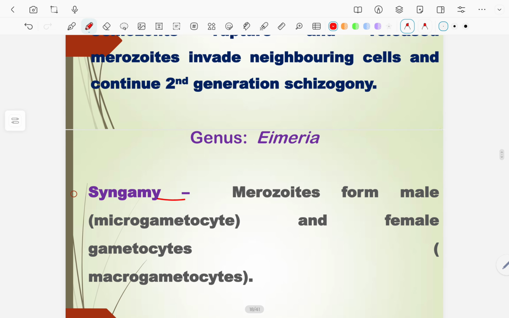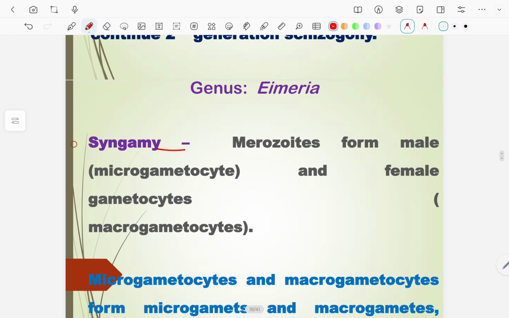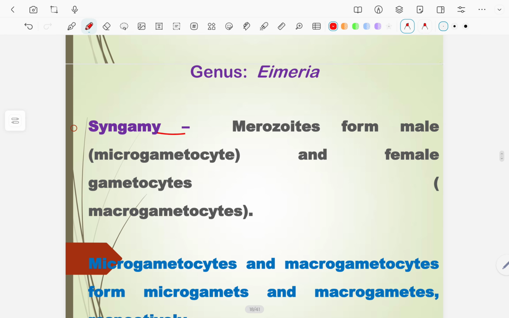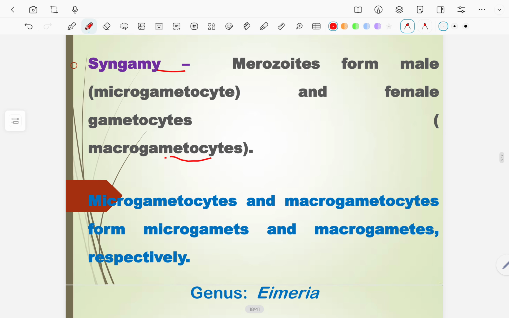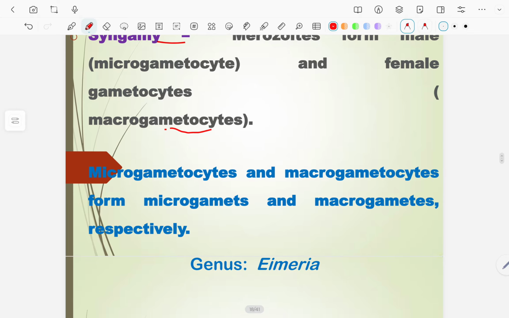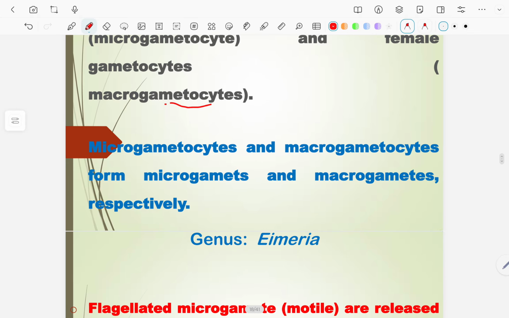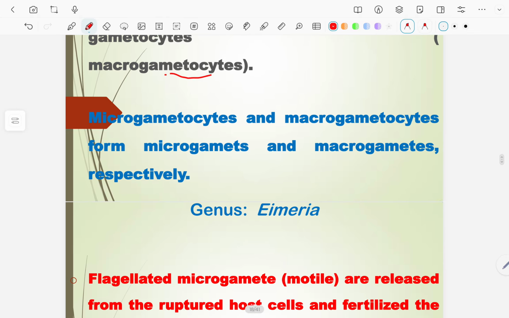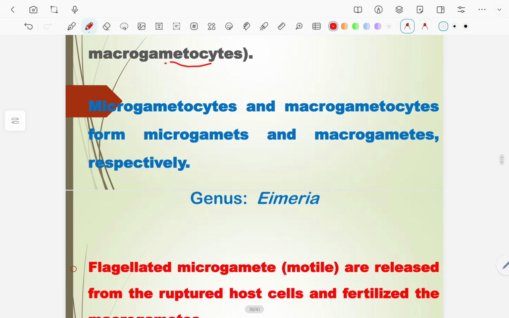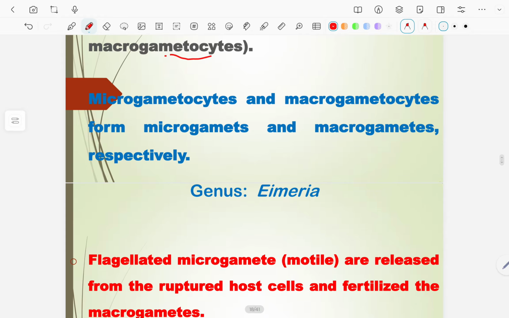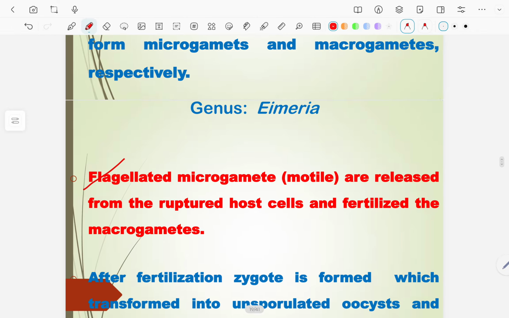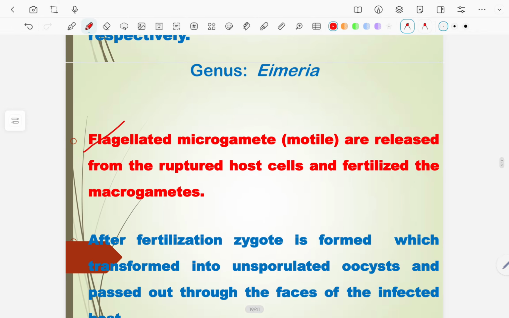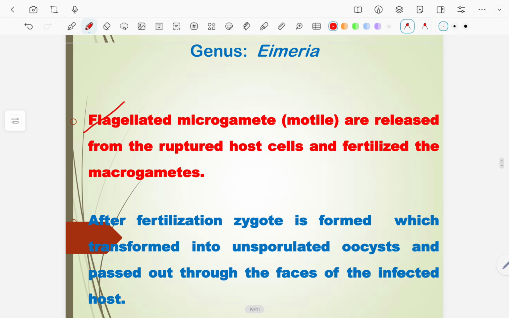Syngamy: merozoites form male microgametocytes and female macrogametocytes, which form microgametes and macrogametes respectively. Flagellated motile microgametes are released from the ruptured host cell and fertilize the macrogametes.